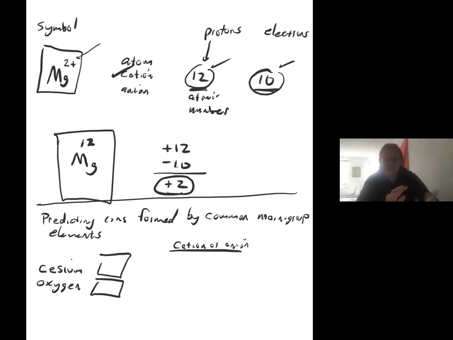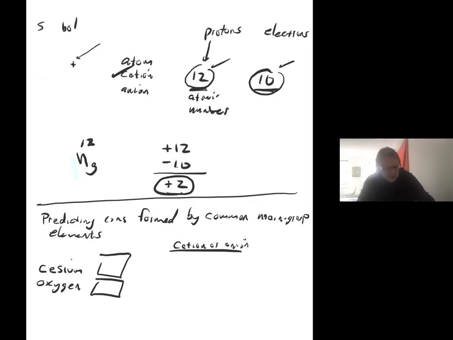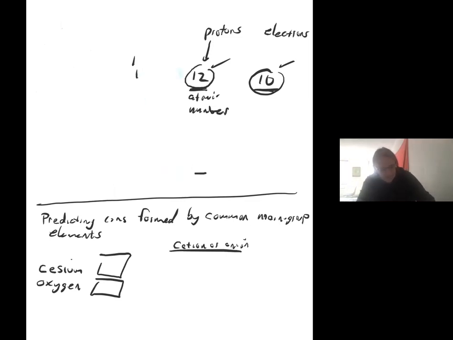So when you do this problem, it says main group elements. That means pull out your periodic table. You're going to look to see where these elements are on the periodic table. So for these ones, it's going to be those elements that I just went over a couple of minutes ago.